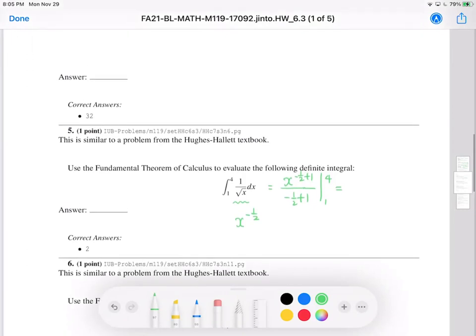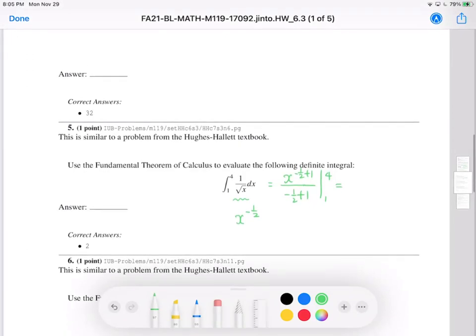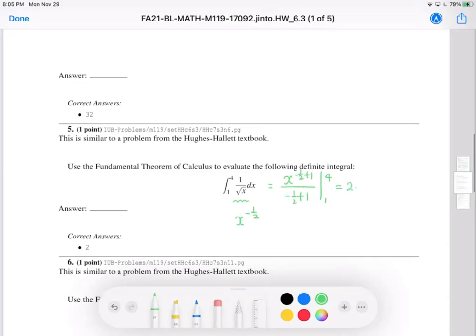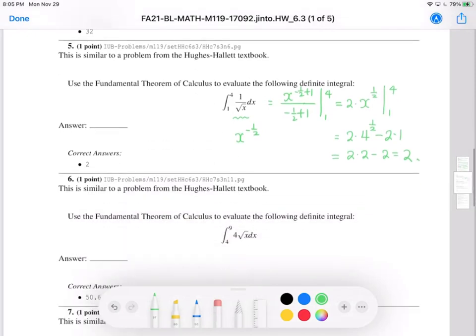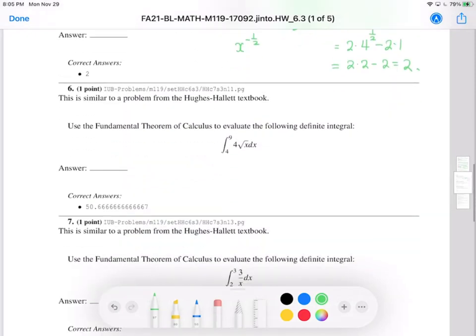If we simplify, the denominator is 1/2, so 1 over 1/2 is 2, giving 2 times x to the 1/2 from 1 to 4. So this is equal to 2 times 4 to the 1/2 minus 2 times 1 to the 1/2, which is 1. So let's simplify it. This is 2.